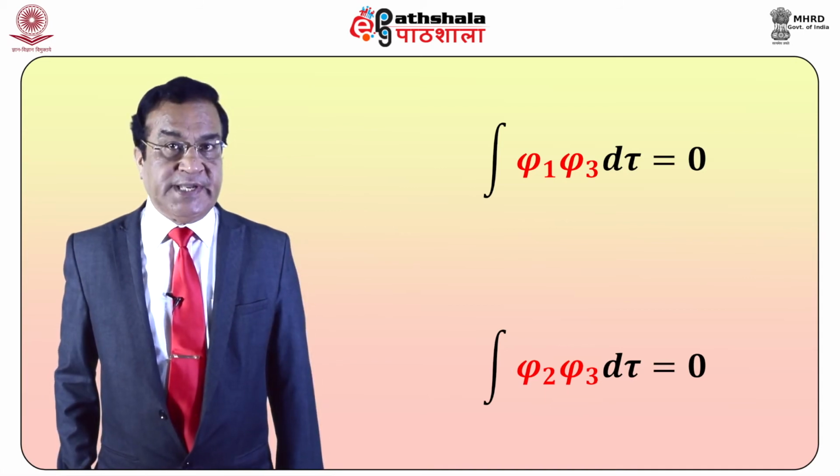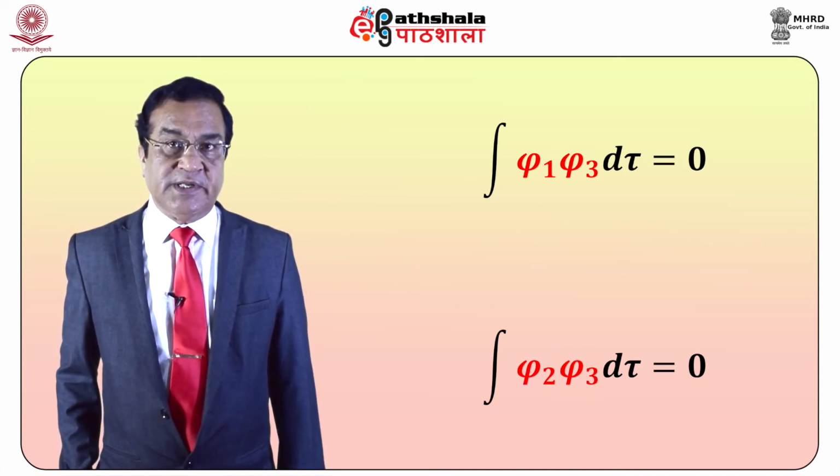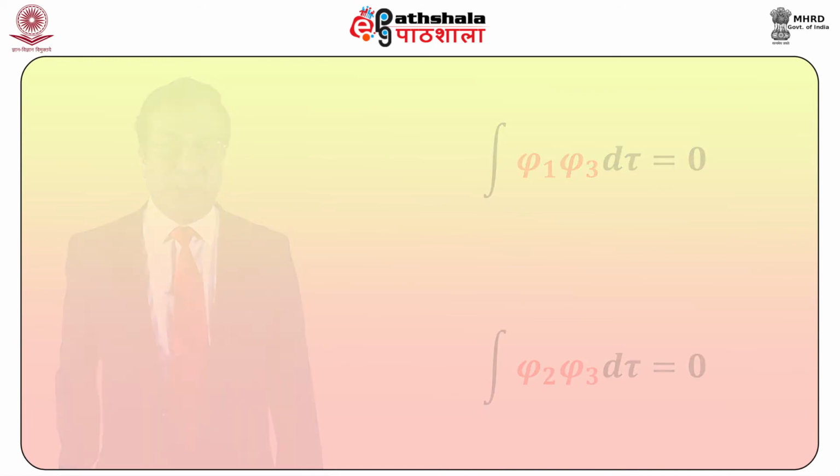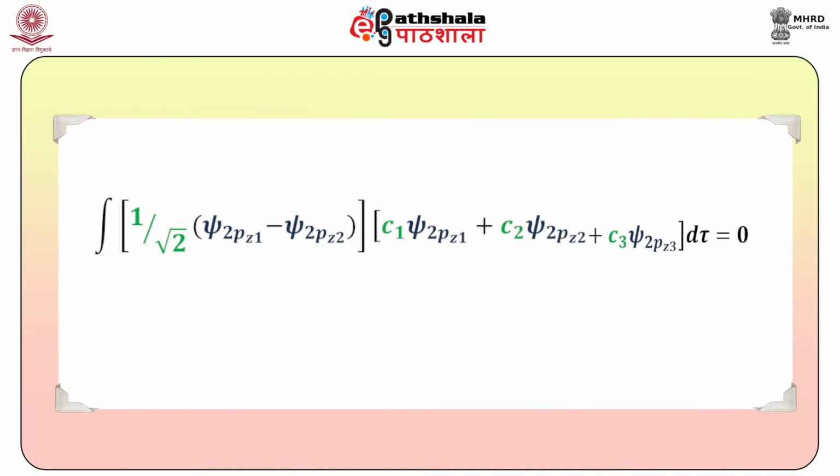Now if we take the orthogonality of the molecular orbitals Phi2 and Phi3 and substitute the corresponding values which we have obtained, we get the following. You can see in this integral, the first part is Phi2, which we calculated above.